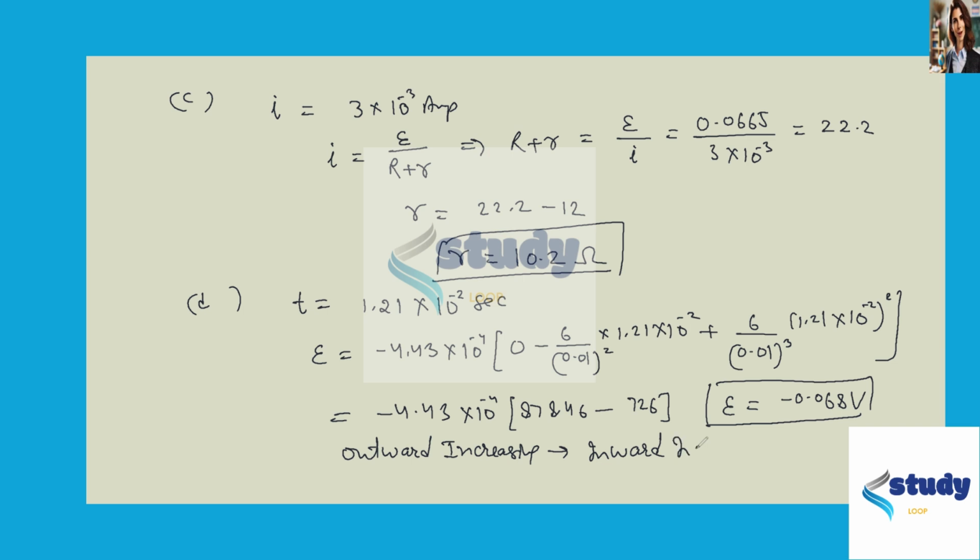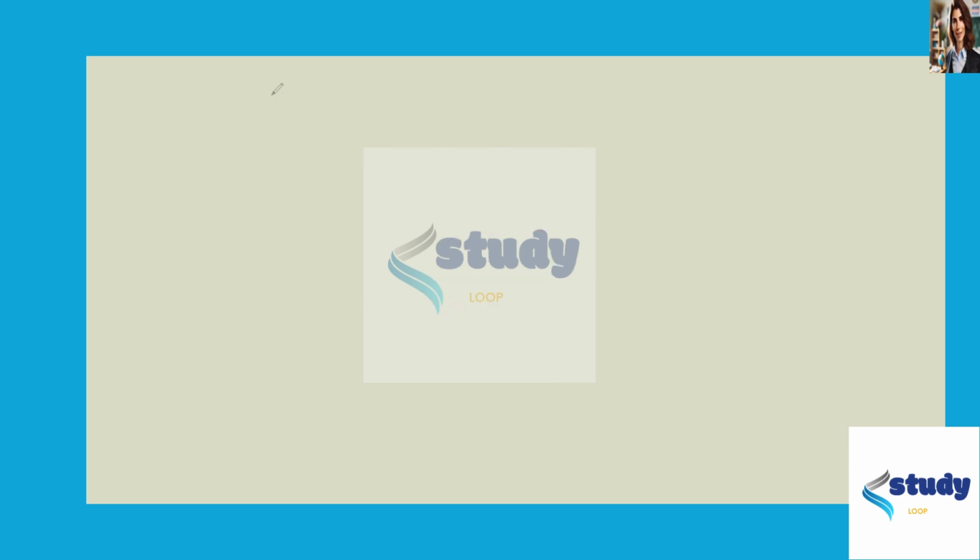And as we know, magnetic field enters into the south pole. So this face of the coil should start behaving like the south pole. So the direction of current induced is clockwise.